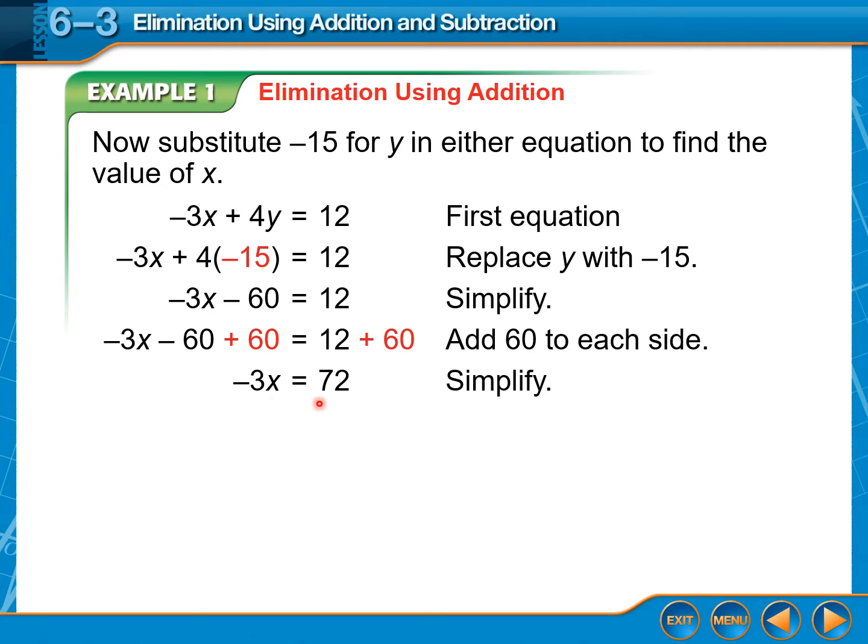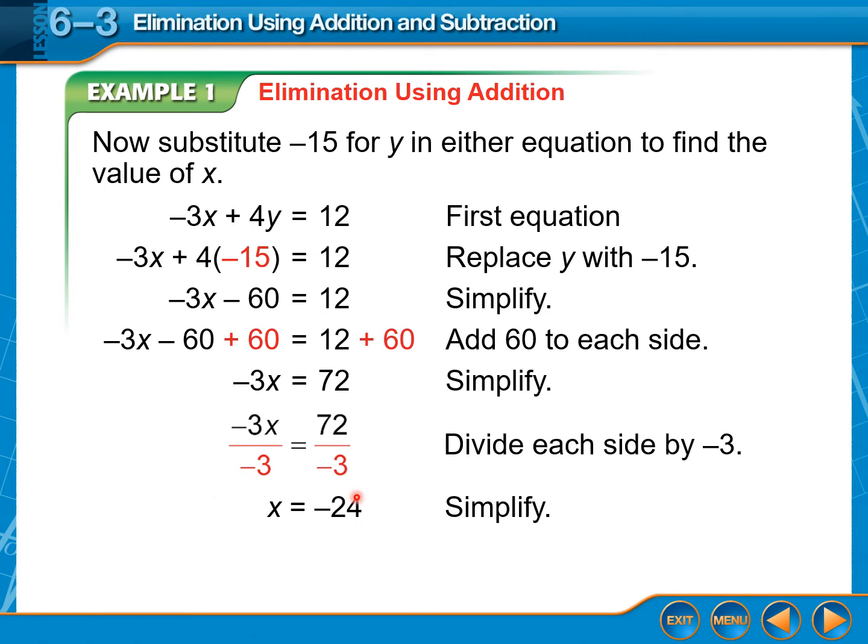Now to figure out what x is, I'm going to divide both sides by negative 3. And that leaves me with x is equal to negative 24. 72 divided by negative 3 is negative 24. So what we found was that our y value, when we first eliminated x, was negative 15.